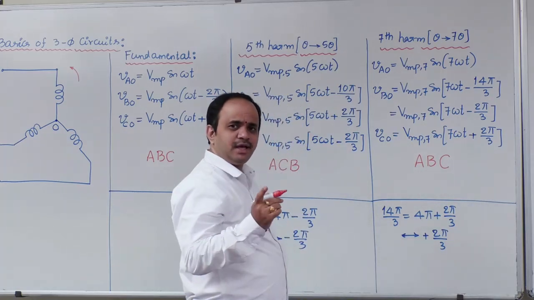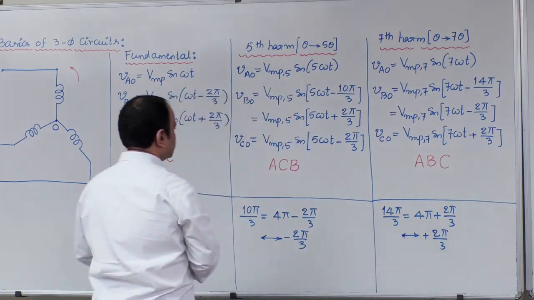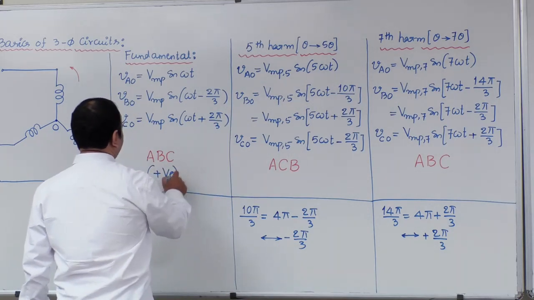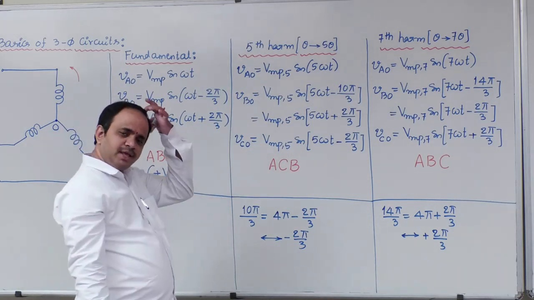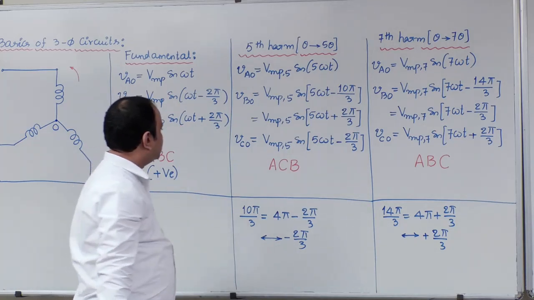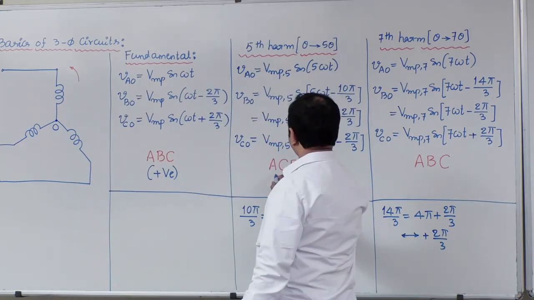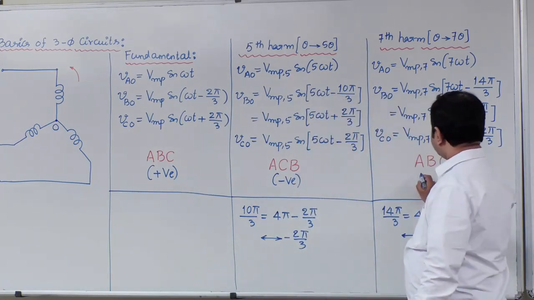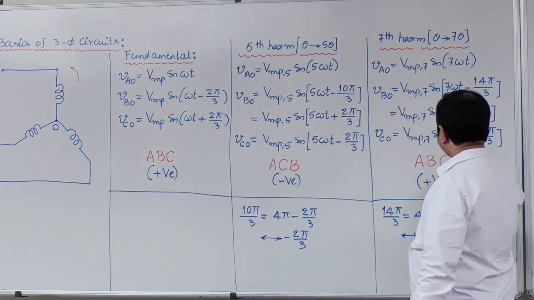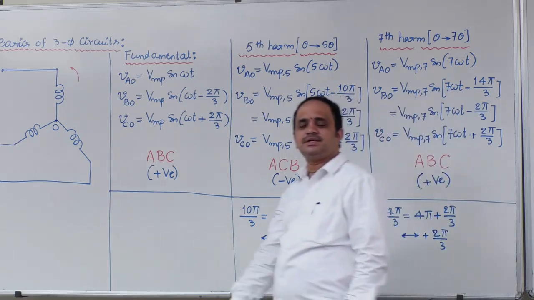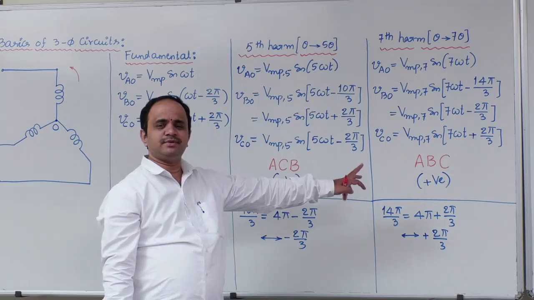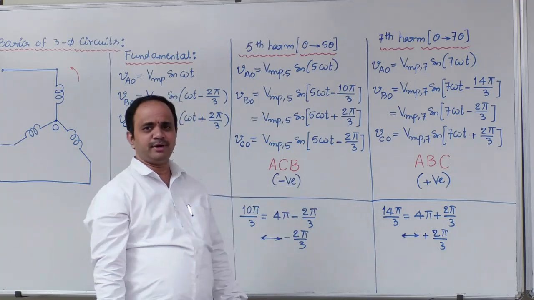Again, it is A, B, C. Very, very important conclusions. Suppose we consider the fundamental phase sequence is positive, then the fifth harmonic phase sequence will be negative, and the seventh harmonic phase sequence will be the same as that of the fundamental.